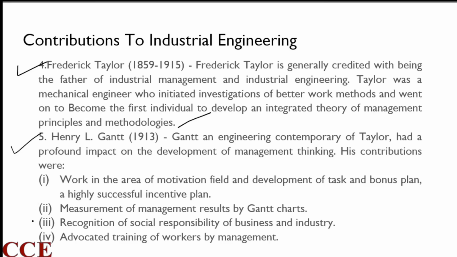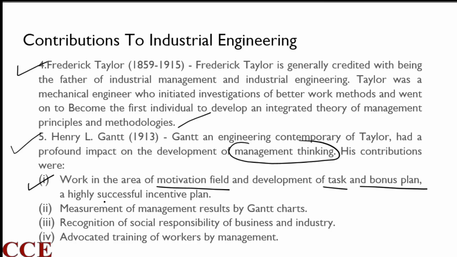Next is Henry L. Gantt, 1913. Gantt, an engineering contemporary of Taylor, had a profound impact on the development of management thinking. His contributions were work in the area of motivation and development of the task and bonus plan.